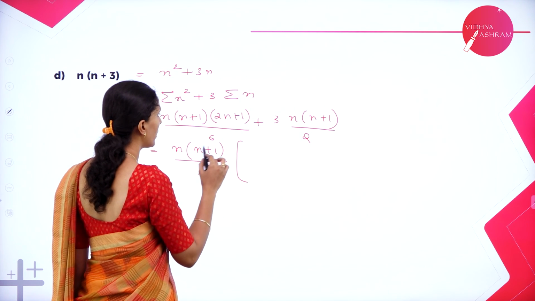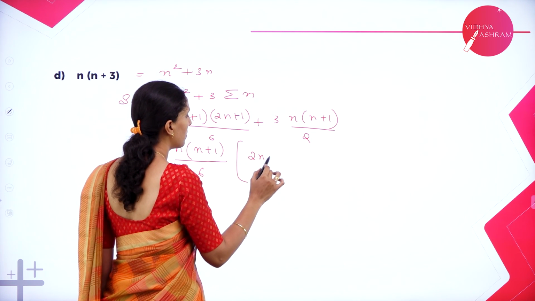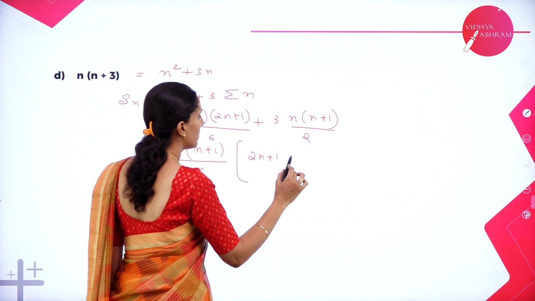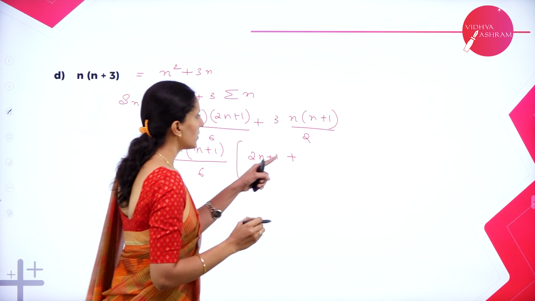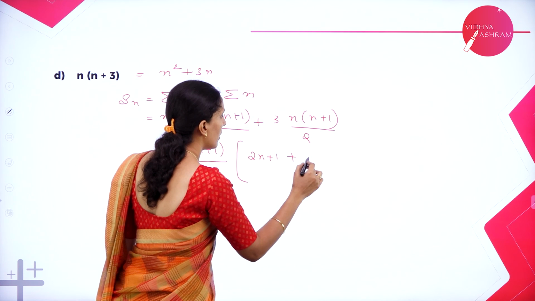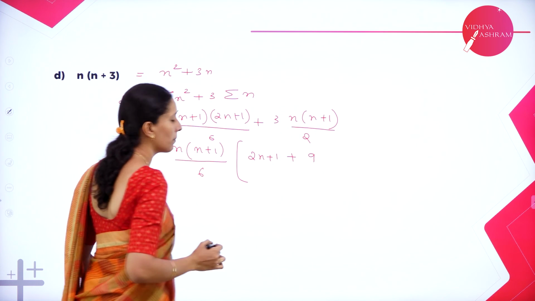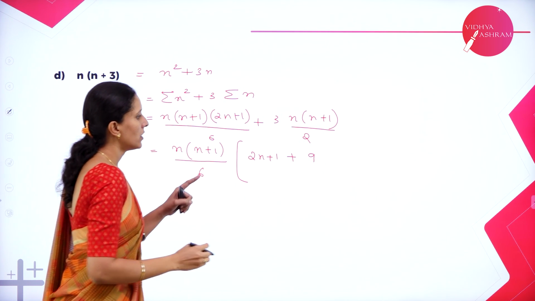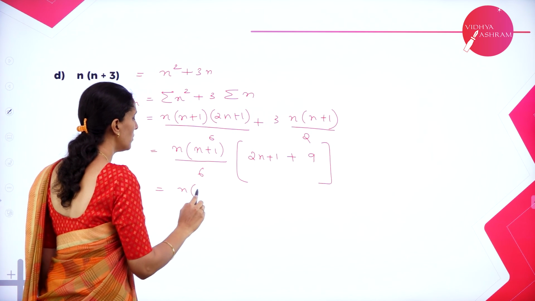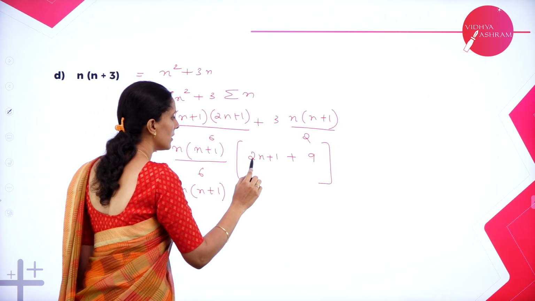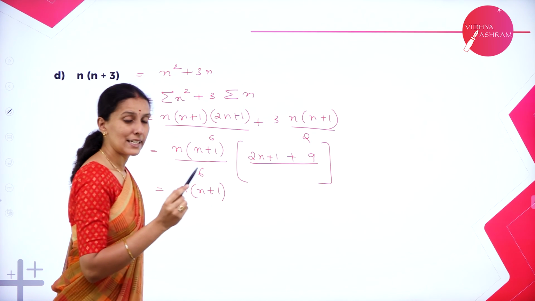So therefore here I am left with 2n plus 1, and here it becomes plus, I have taken 6 as a common factor. So here it is 9, n into n plus 1 I have taken outside. So this is the answer. So now here n into n plus 1, this becomes 2n plus 10.